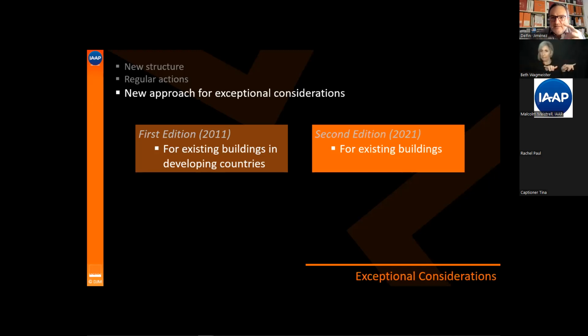There aren't different types or categories of countries. All the countries are the same, and when it's necessary to consider an exception, for instance for existing buildings, then it's for all countries. Well, this is a little bit changed.